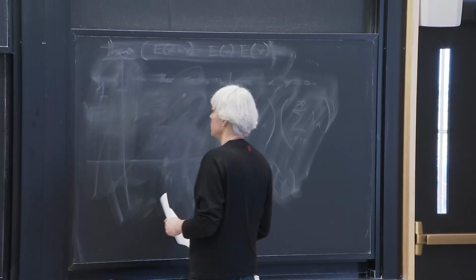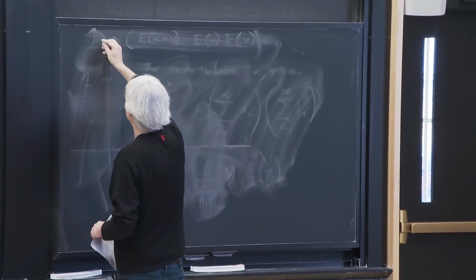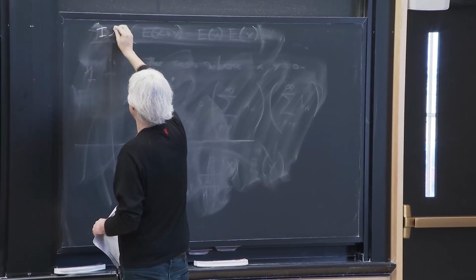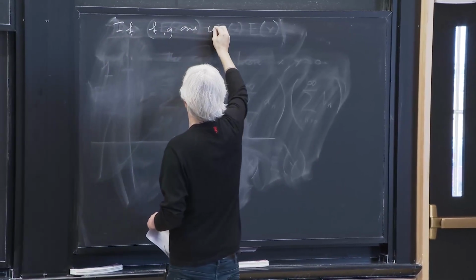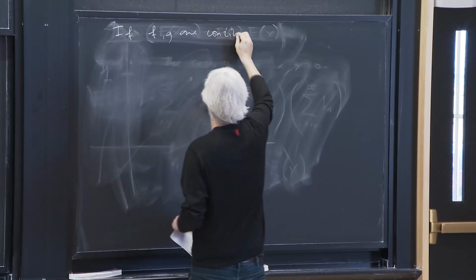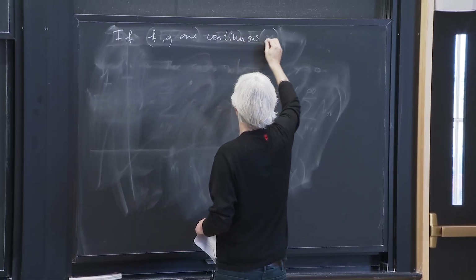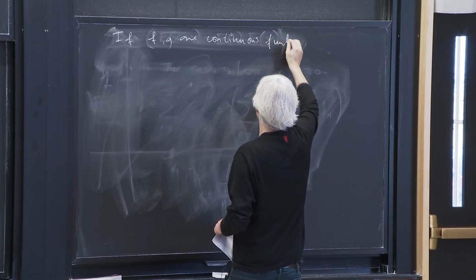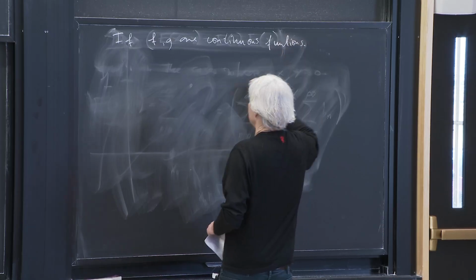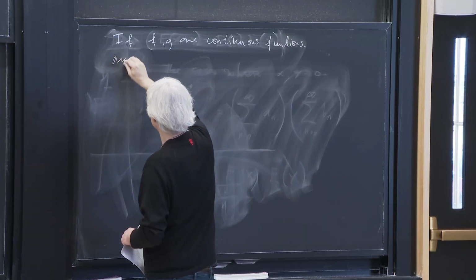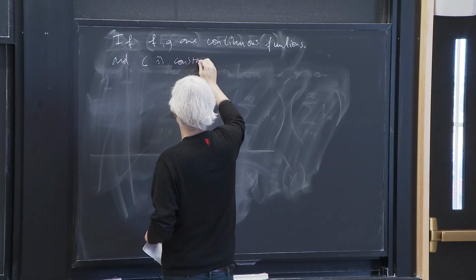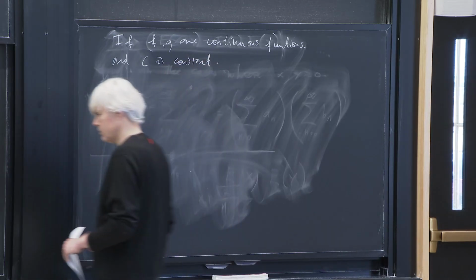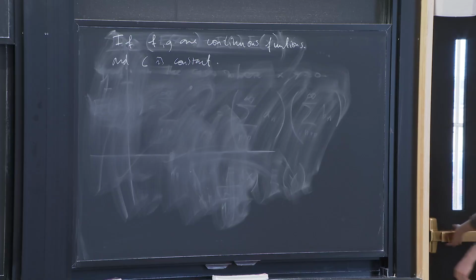So we had, if f and g are continuous functions, and c is a constant, then last time we talked about the following.